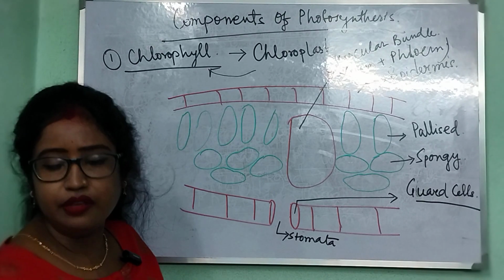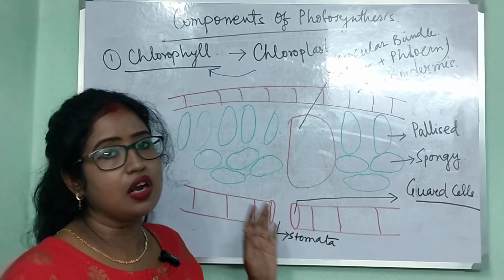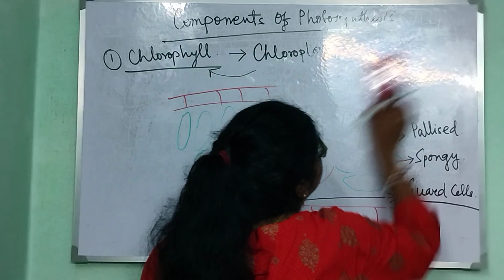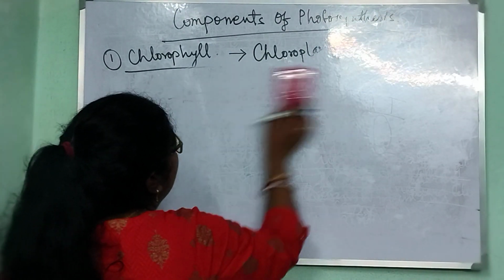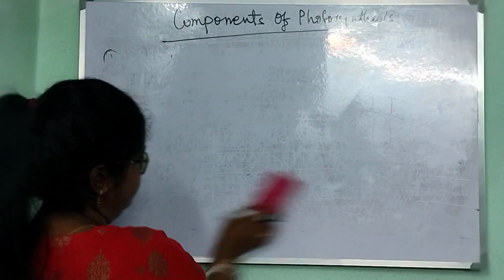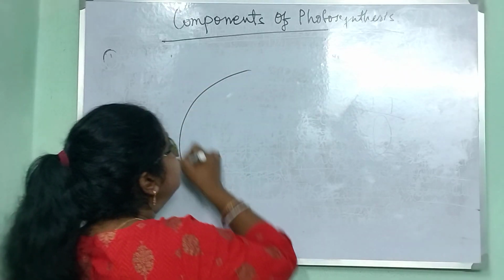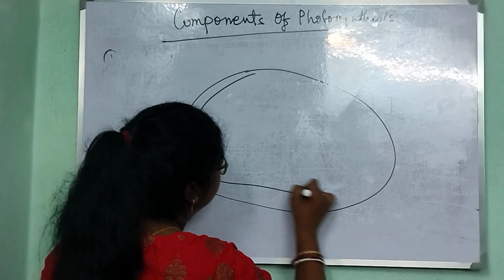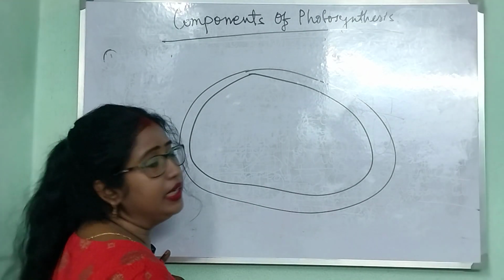If we discuss the detailed structure of the chloroplast, we will see that chloroplasts have two membranes in their outer layering.